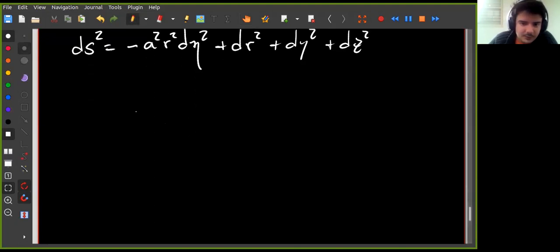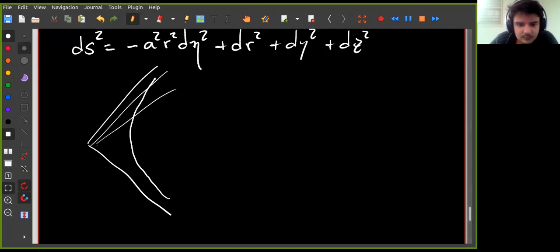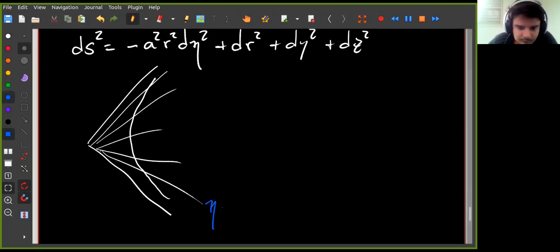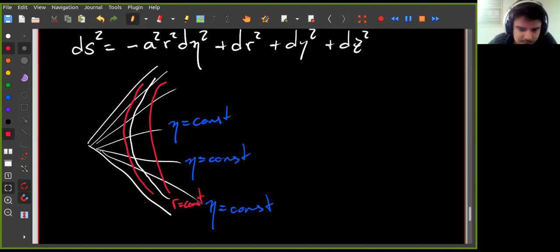So when you pick this sort of coordinates, what you have is that eta is constant along these straight lines, while r is constant along these red lines, which are hyperbolae.